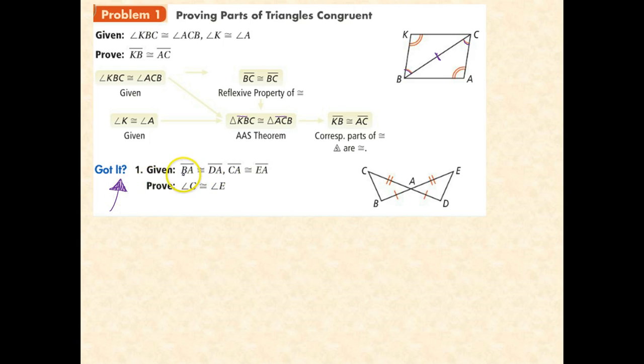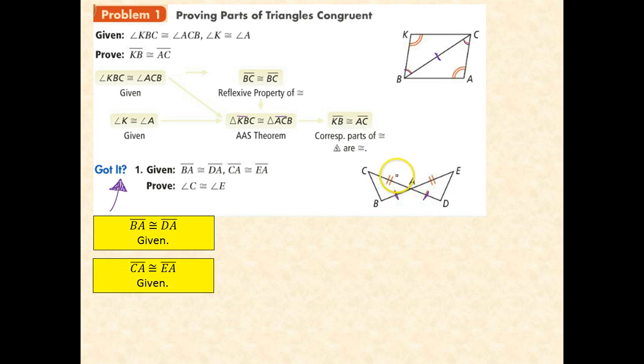We are given that segment BA is congruent to segment DA, and segment CA is congruent to segment EA. We would like to prove that angle C is congruent to angle E. Well, we're given that segment BA is congruent to segment DA. We are also given that segment CA is congruent to segment EA.